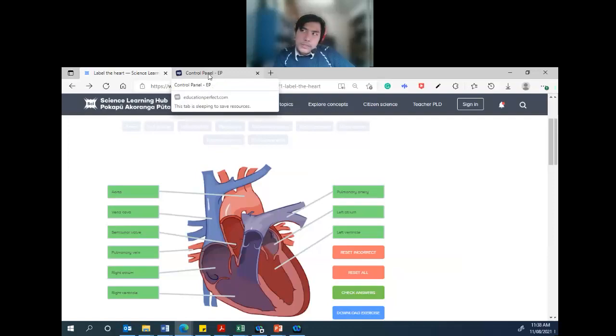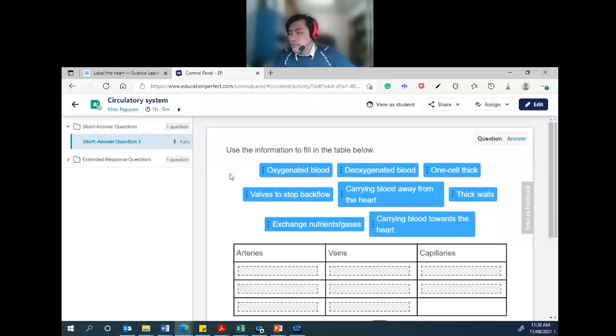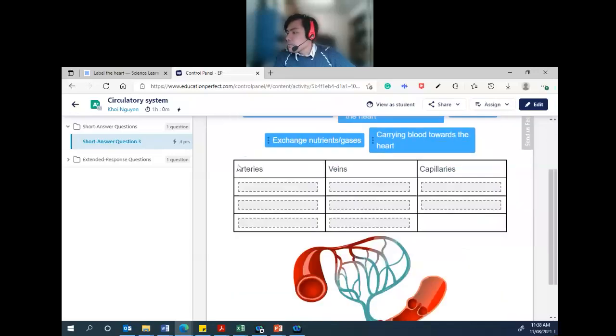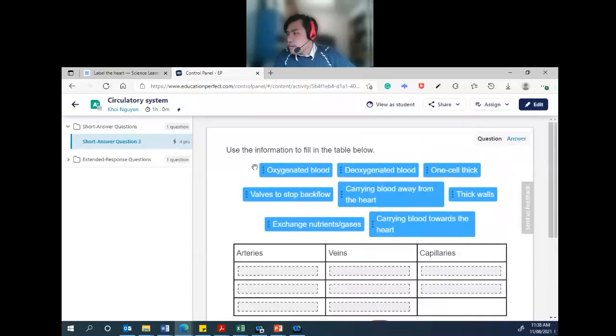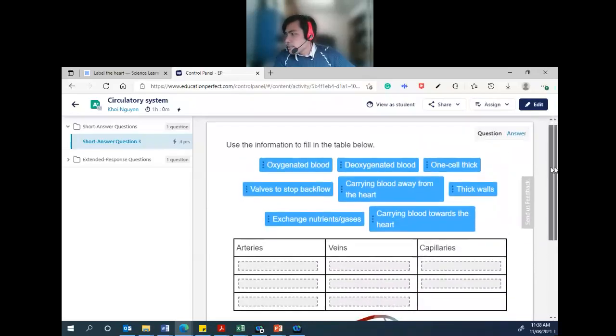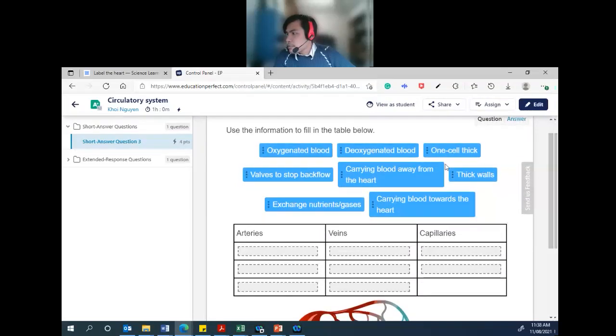And one of the ratings yesterday is that we can compare the different kinds of blood vessels. Now, I don't know if you guys remember this from our pre-test. So using the knowledge from yesterday, which label goes where? So first one we got is oxygenated blood.